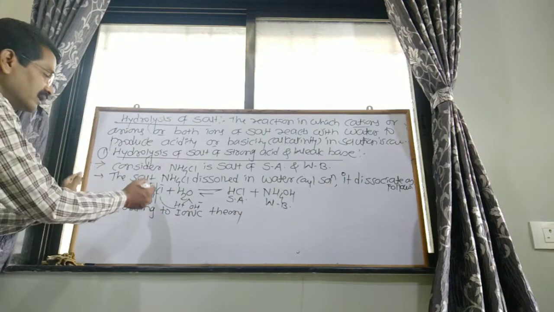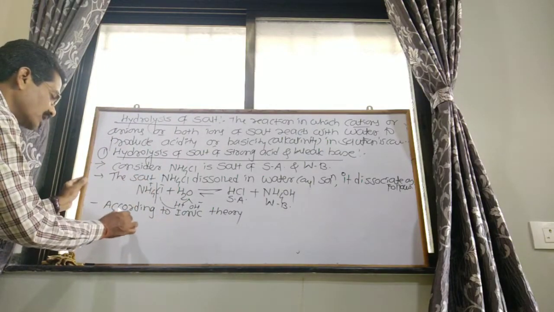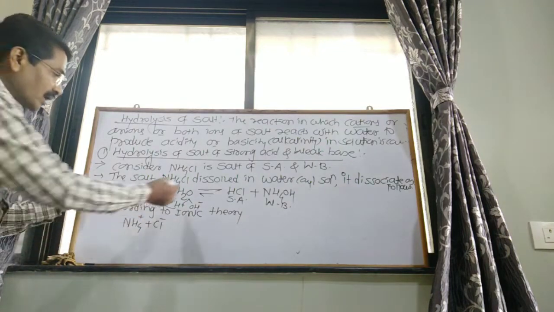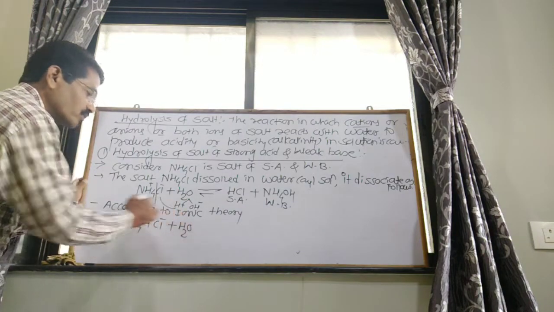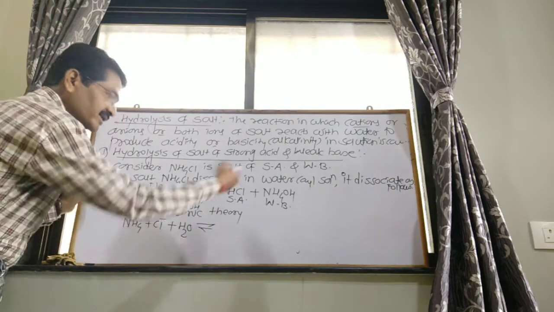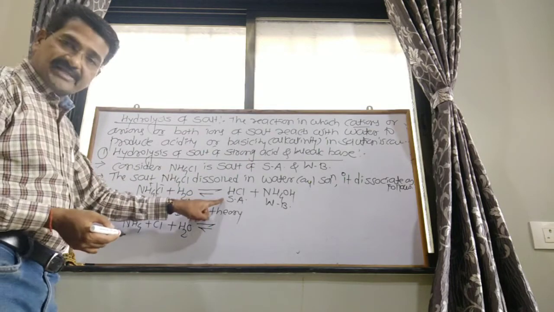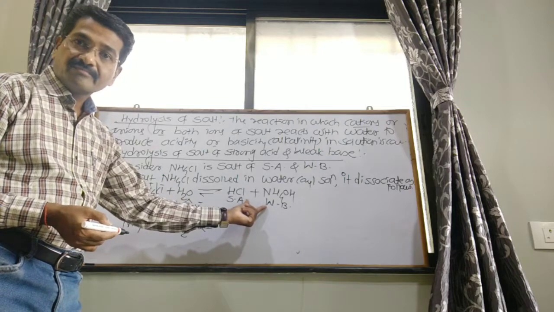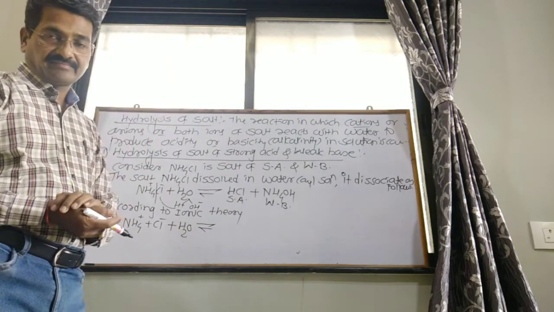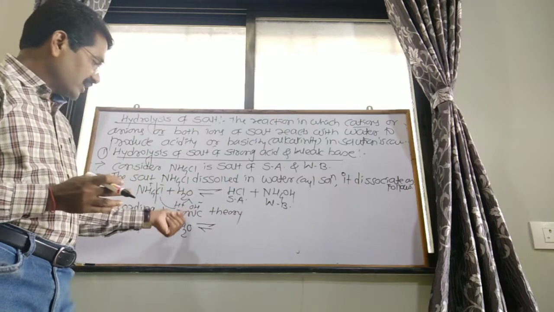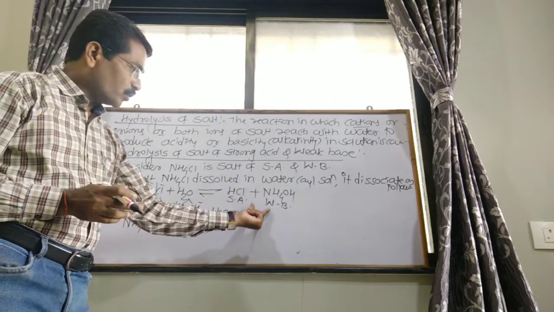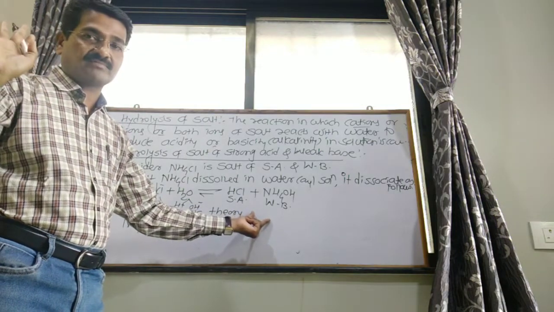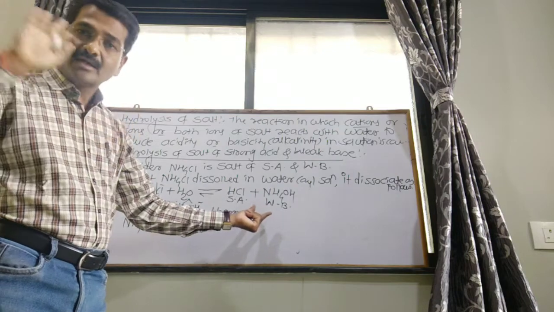According to ionic theory, this salt breaks up to give NH4 plus and Cl minus ions, plus H2O, water, on the right side. This is a strong acid. This ionic theory is applicable only for strong electrolytes. Understand? This ionic theory is applicable only for strong electrolytes, meaning strong acids and strong bases only, not for weak acids and weak bases.